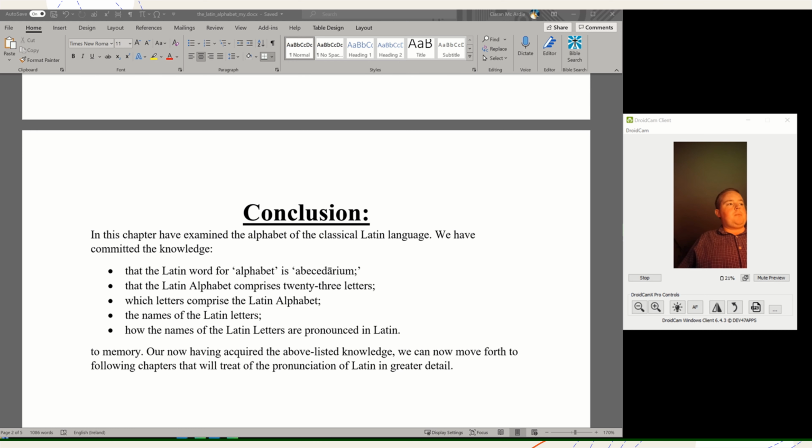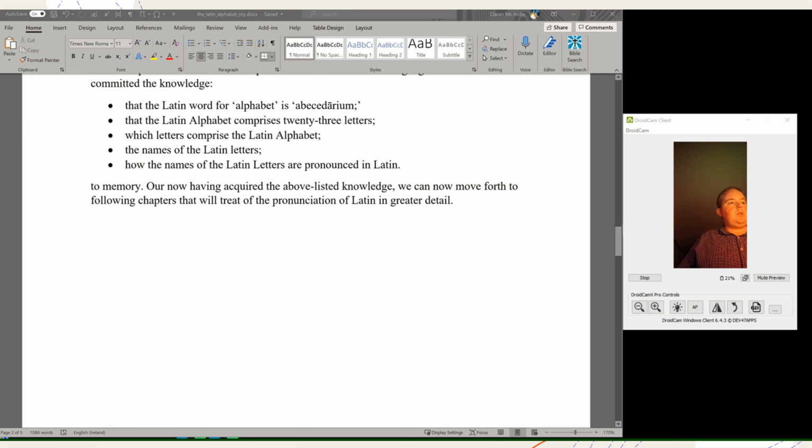Having acquired the above listed knowledge, we can now move forth to following chapters that will treat of the pronunciation of Latin in greater detail.